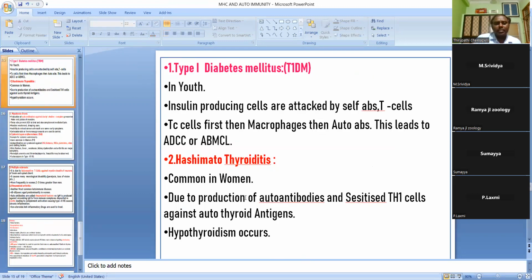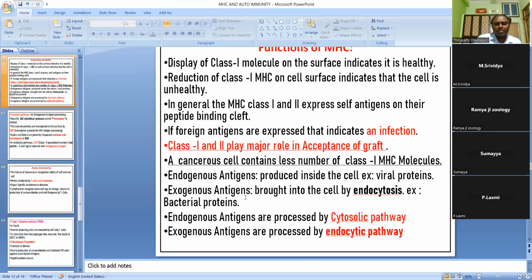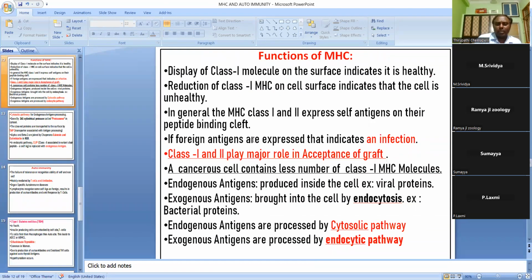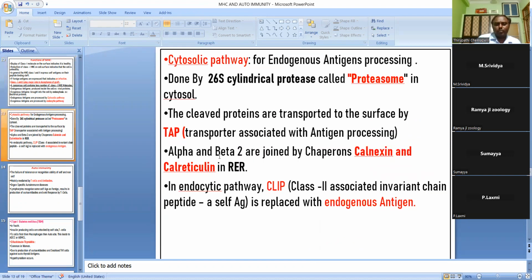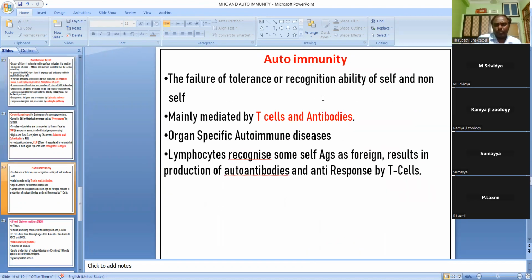So these are some of the autoimmune diseases, examples of autoimmunity. Autoimmunity is a failure of tolerance, a failure of the self and non-self discrimination power of our immune system.